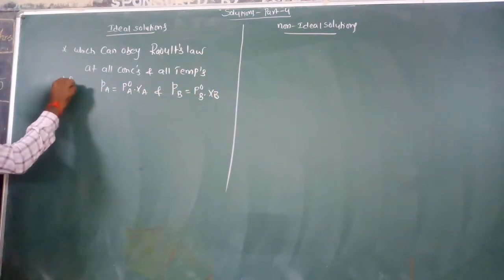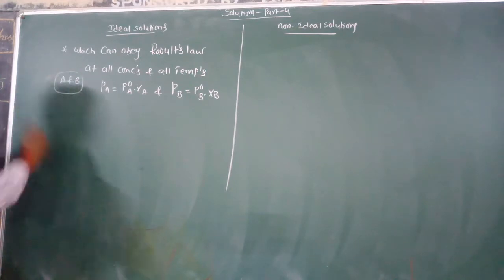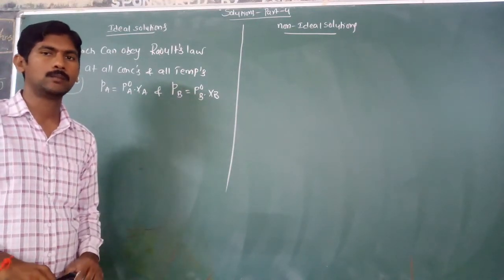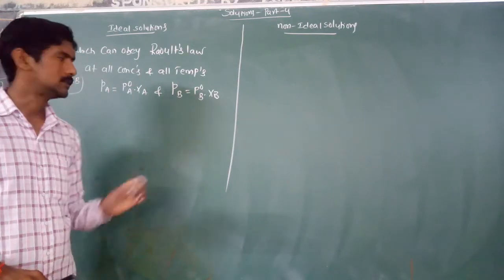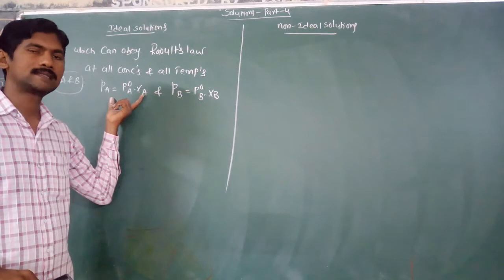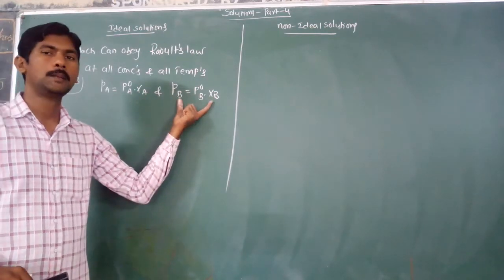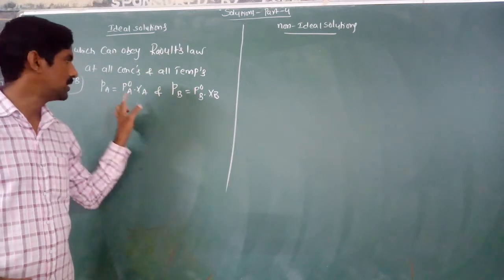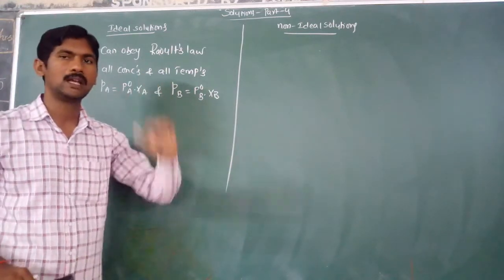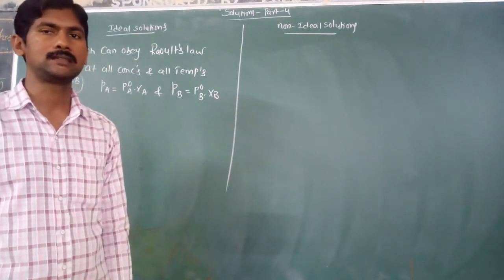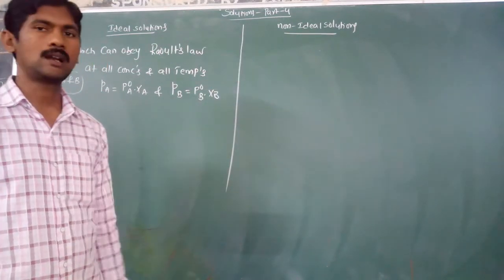For a solution containing two volatile components A and B, both liquids, Raoult's law is PA equal to P naught A into XA, PB equal to P naught B into XB. Therefore, ideal solutions means the solutions which obey Raoult's law at all concentrations and at all temperatures. So what are non-ideal solutions?